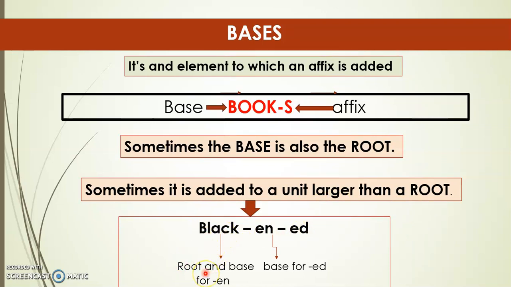Black is a root. Why is it a root? Because it carries meaning. It is the core of the word. It is also a base because there is an element attached to this root. And at the same time, blacken is the base for ed, but it is not the root because it doesn't carry meaning. I hope it is clear.